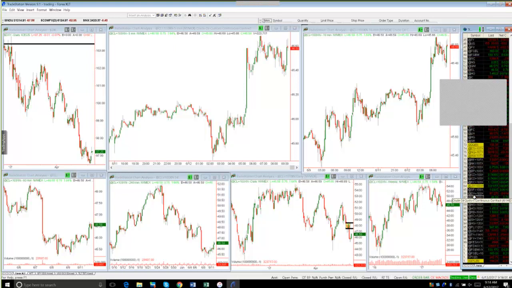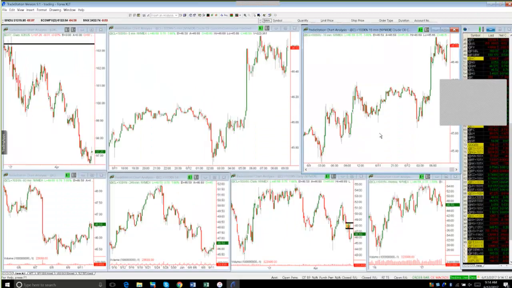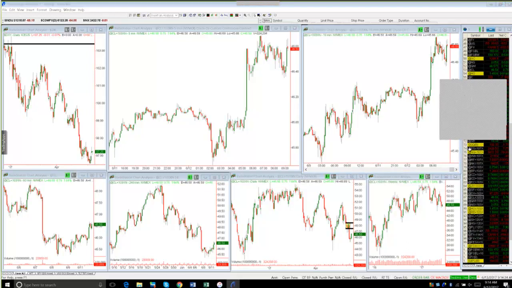Oil in the larger time frames is strongly suggesting it's going to move back down to the low 40s or upper 30s. Let's also look at gold.